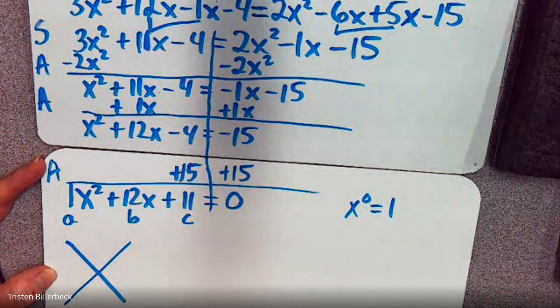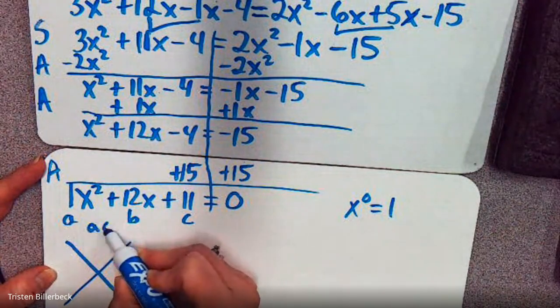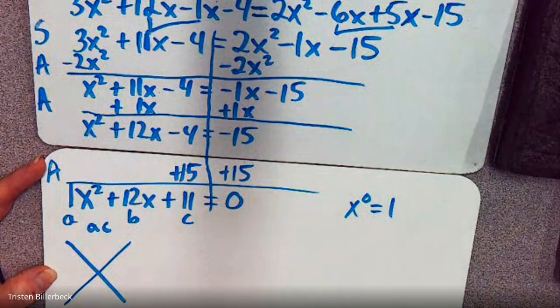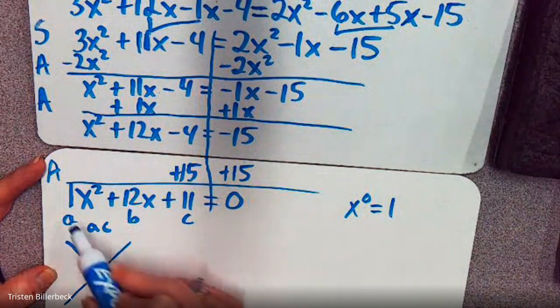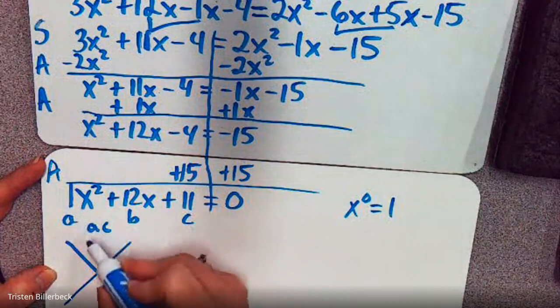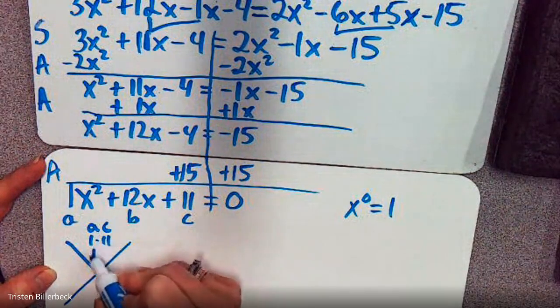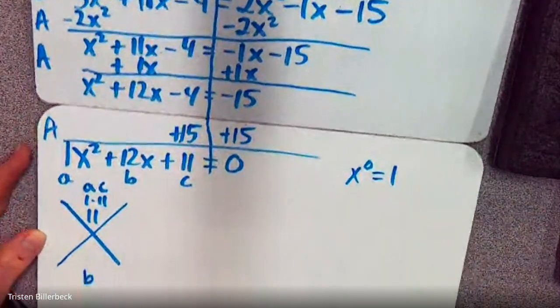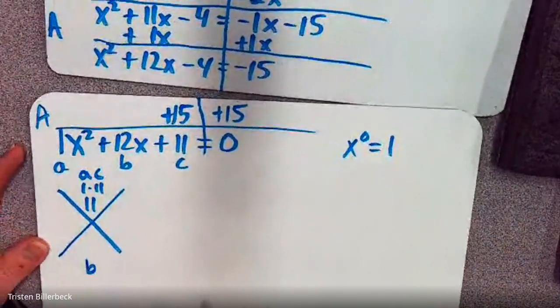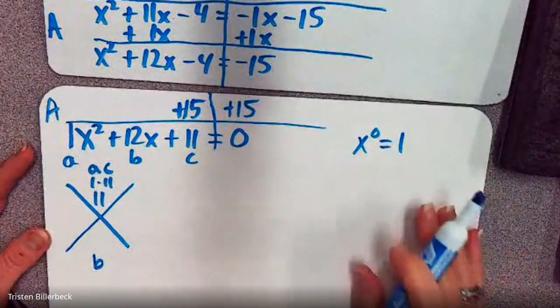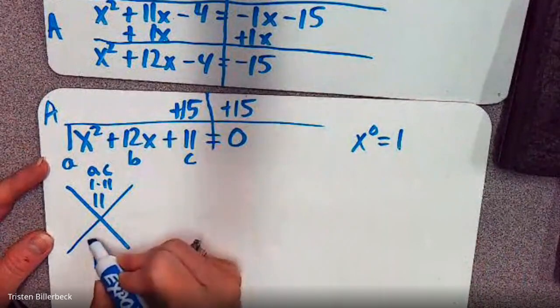Then right here for the diamond, we're going to multiply A times C, and down here we're going to put B. So 1 times 11 is 11, and then we have just B, 12.